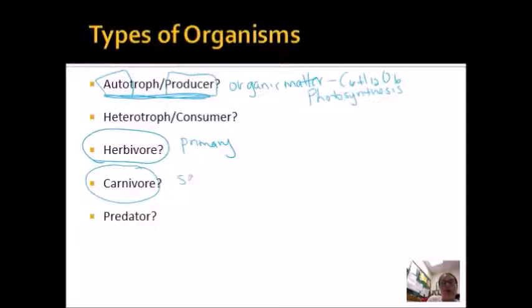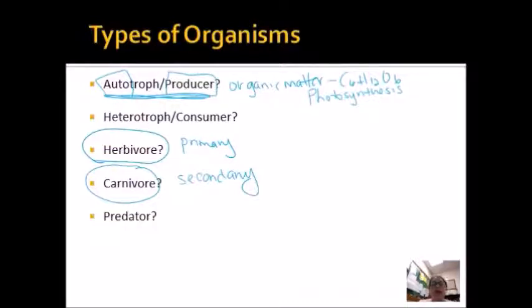These are going to be your second and third to eat. Consumers are going to, again, have to take organic matter from their external environment, and they'll get different amounts of organic matter depending on which level of the food chain they eat from.